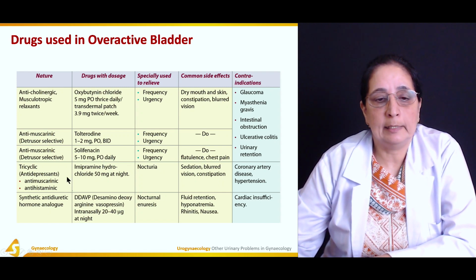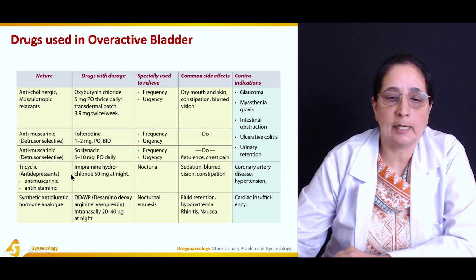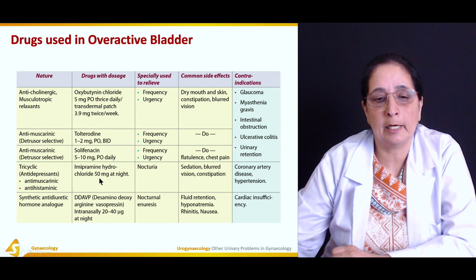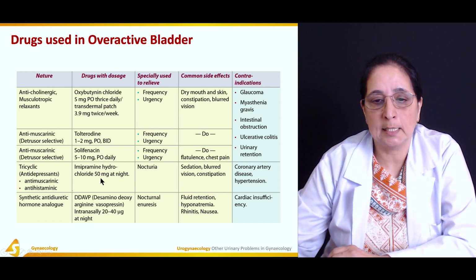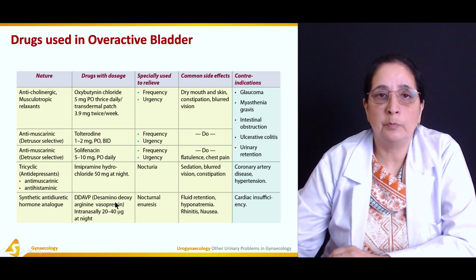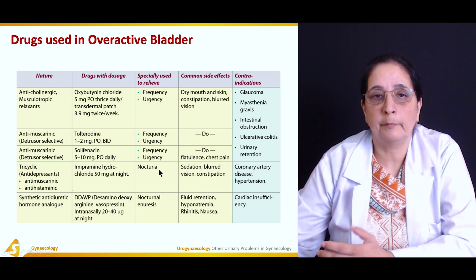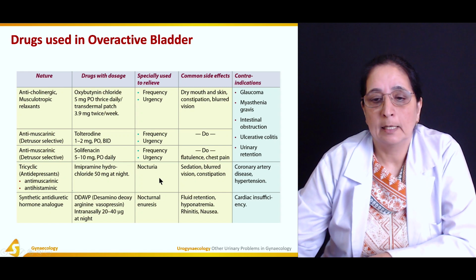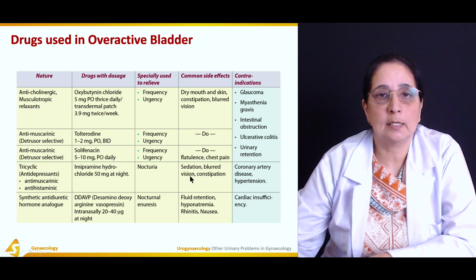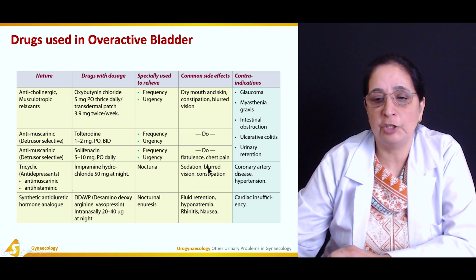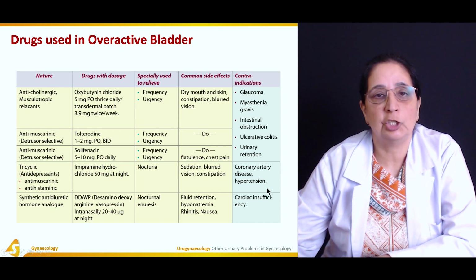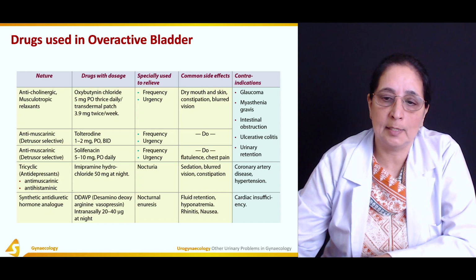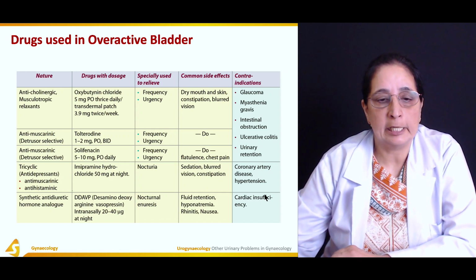Then tricyclic antidepressants, which are anti-muscarinic and antihistaminic drugs, are used, like imipramine hydrochloride 50 milligram at night. They are used mainly for nocturia, urination at night. Common side effects are sedation, blurring of vision, constipation, and contraindications are coronary artery disease and hypertension.